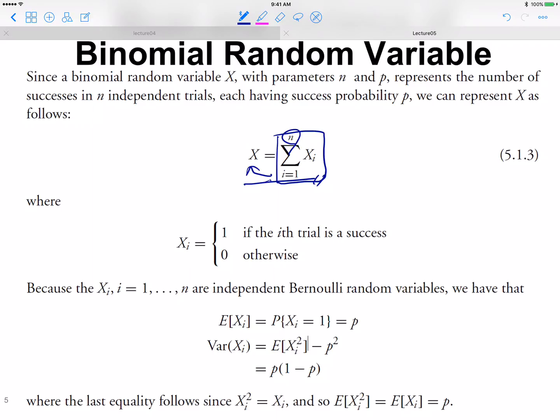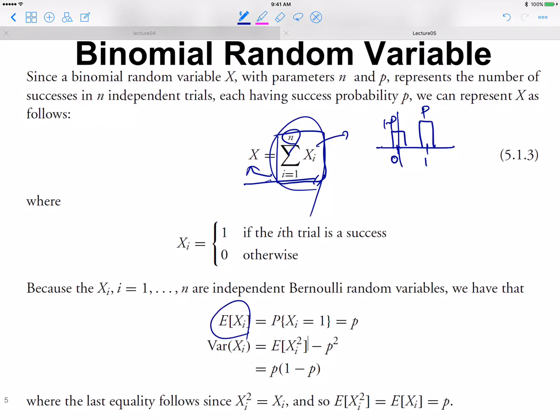And we know the distribution of each X_i: X_i is 0 or 1, and its probability distribution function is p and 1 minus p. And then we consider a summation of these Bernoulli random variables.